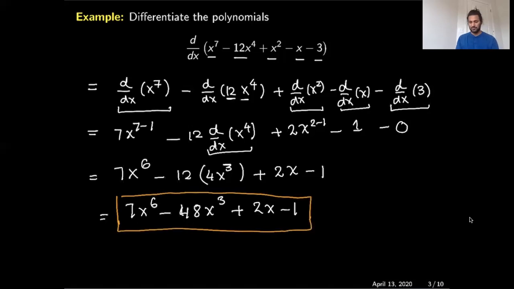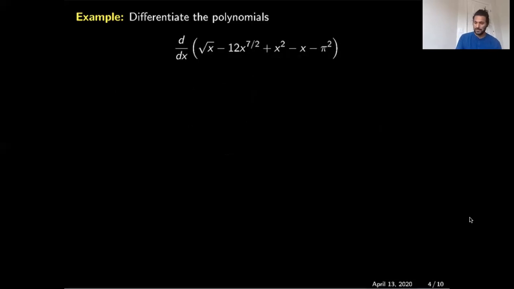Let's do one more example. Here I have this polynomial, which is the sum of these 5 terms, which are added and subtracted together from each other. So I will use the sum and differences rule first.